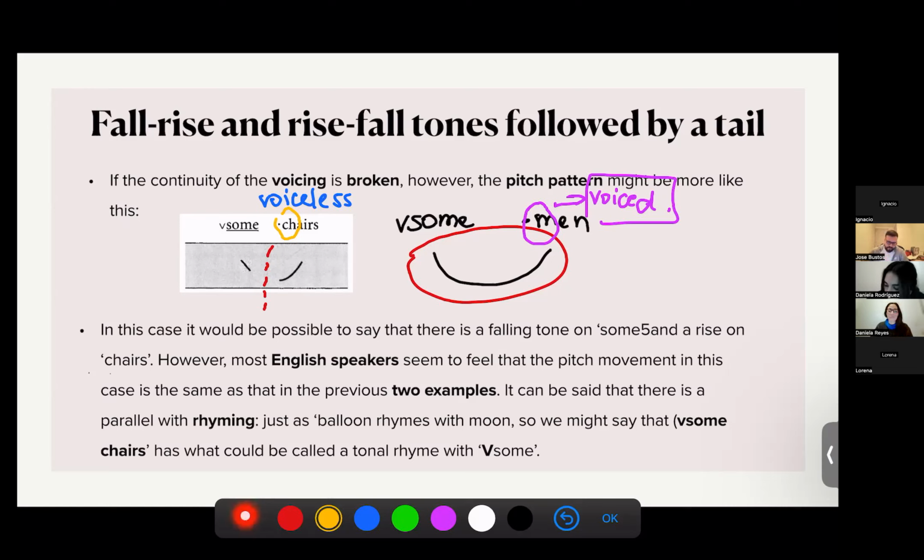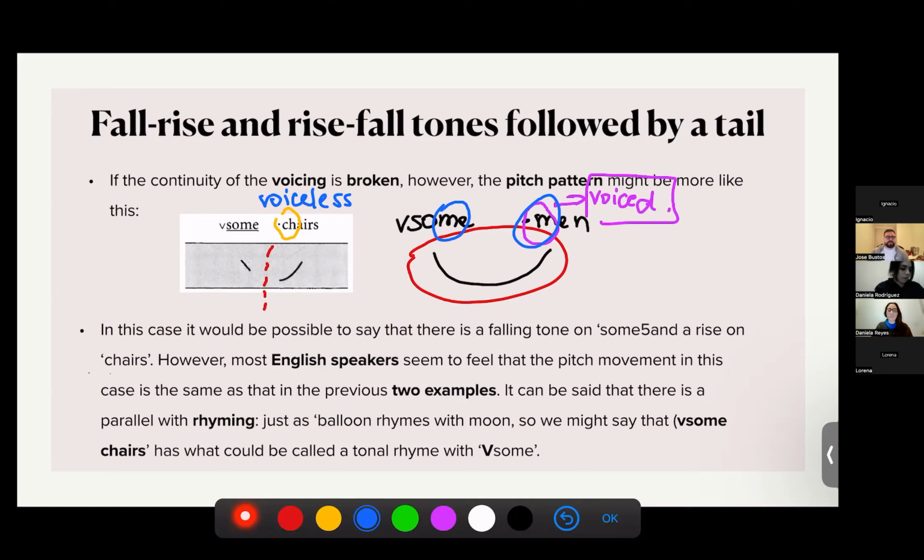And also, if you pay attention, in "some man," there is assimilation as well, because we have the final sound of "some" and the start of "man," so we have assimilation there. Some men, some man.